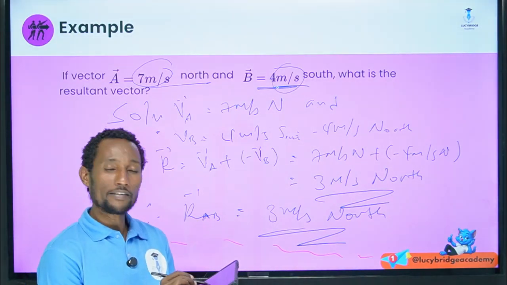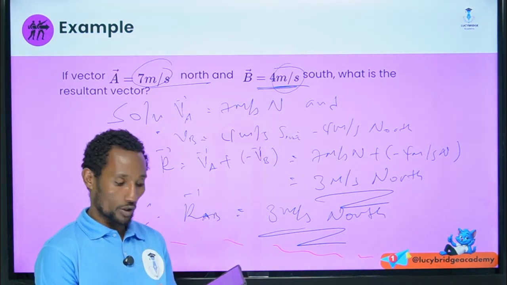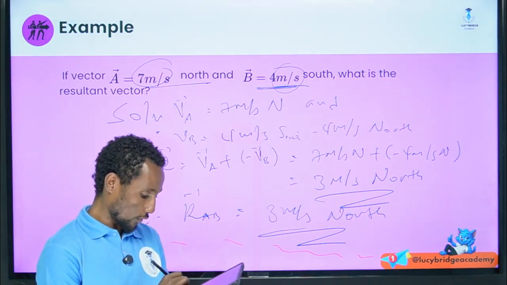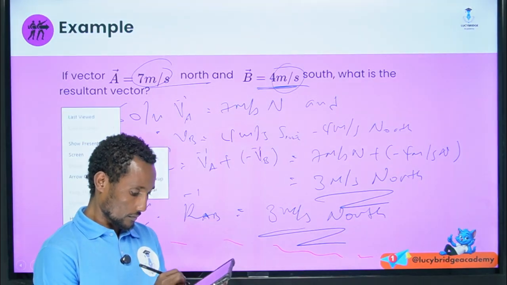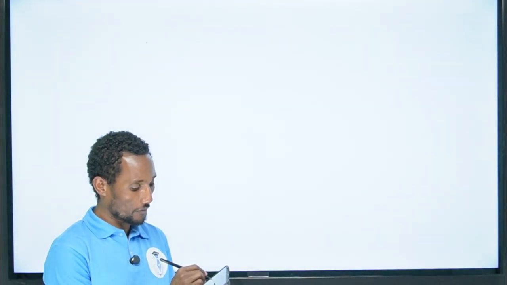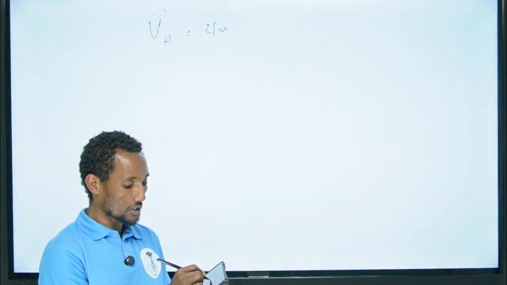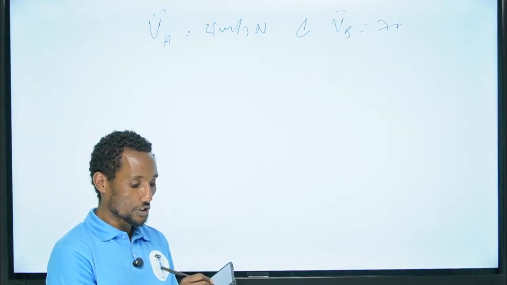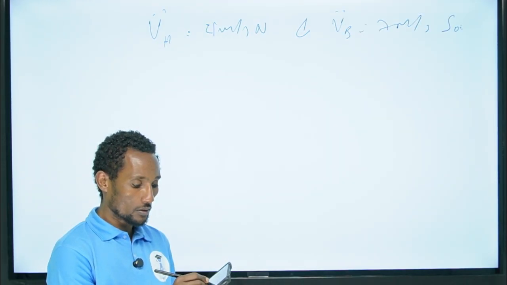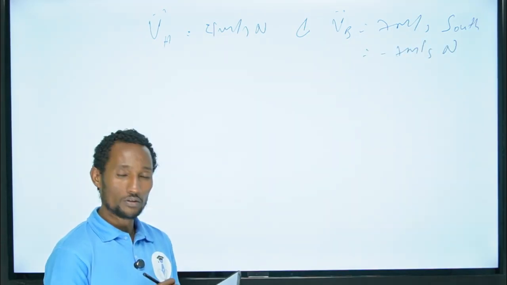If we rearrange it, for example, if the velocity of A equals 4 meters per second due north, and the velocity of B equals 7 meters per second due south, then this result is minus 7 meters per second due north.